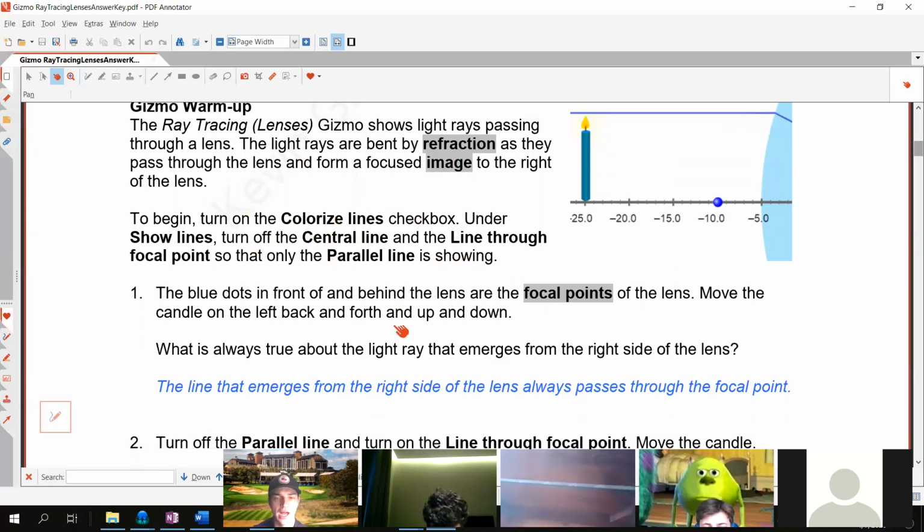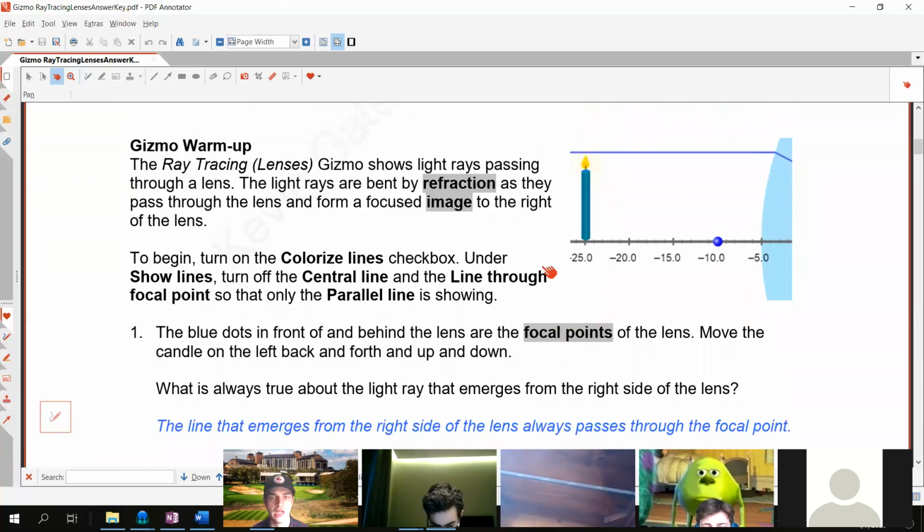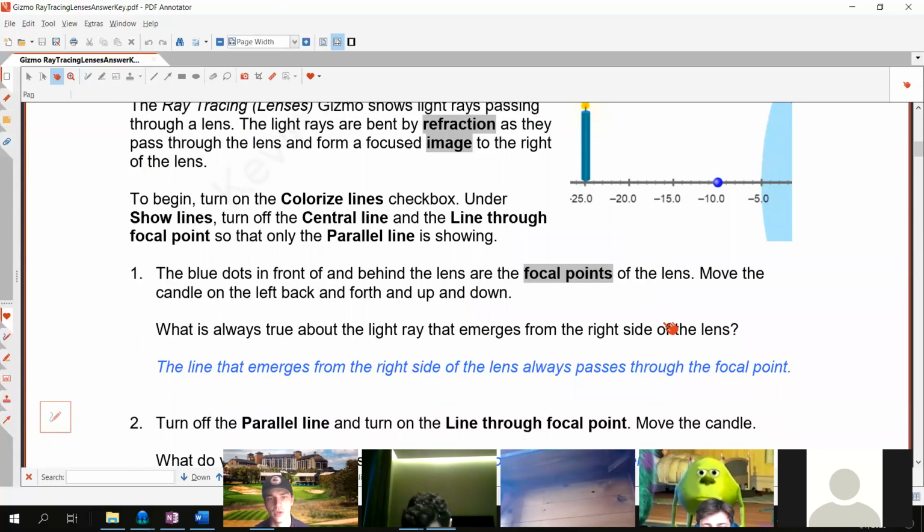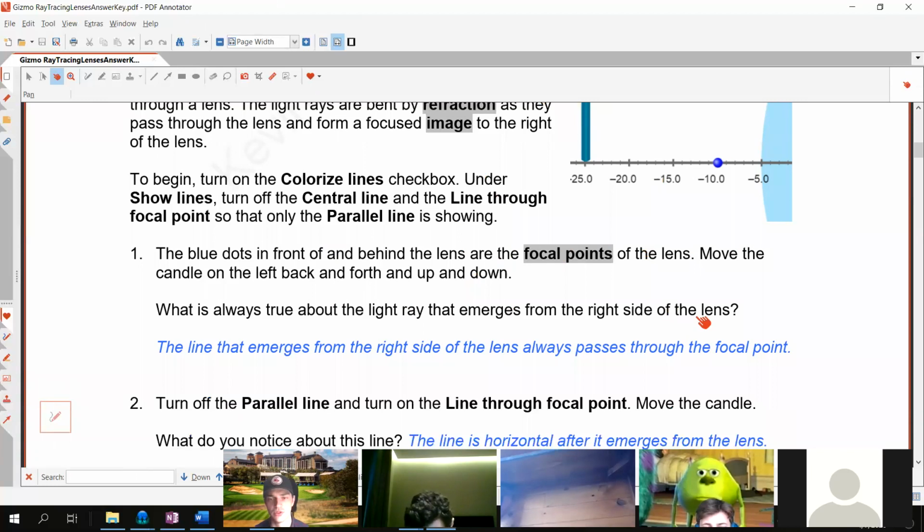Then we were asked to observe what happens to the line that is parallel to the principal axis after it goes through the lens. And what did we notice? Rule number 1 about a converging lens. Well, we noticed that in a converging convex lens, any incident ray parallel to the principal axis will refract, or bend, the word we use in this class is refract, to the focal point. That should have been the first rule we noticed.